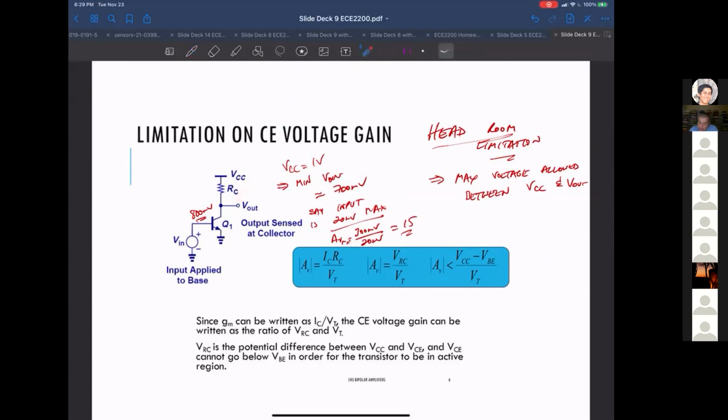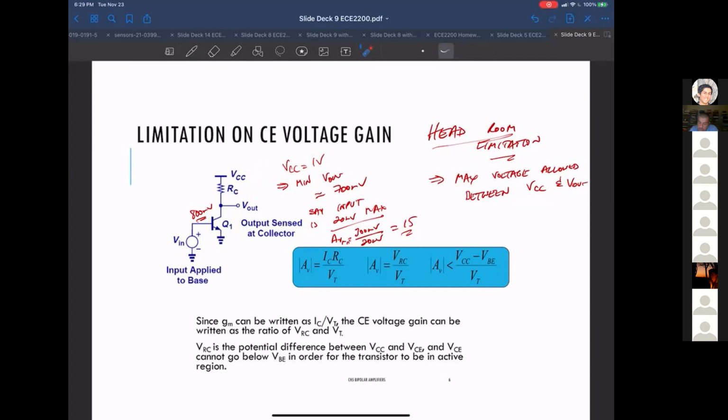On the low side, I can only go down to 700 millivolts, and any lower than that, this guy starts coming out of forward active mode. I can go higher, but not higher than VCC. So the swing is 300 millivolts, from 700 millivolts all the way to 1 volt.